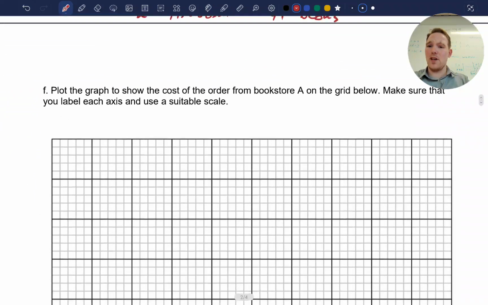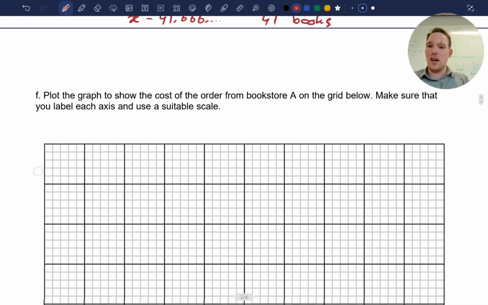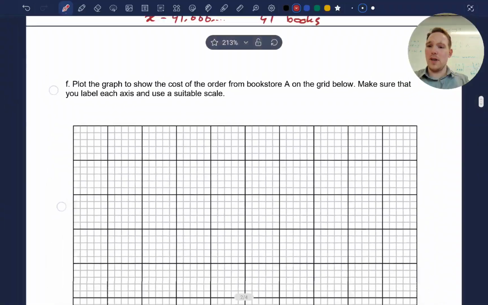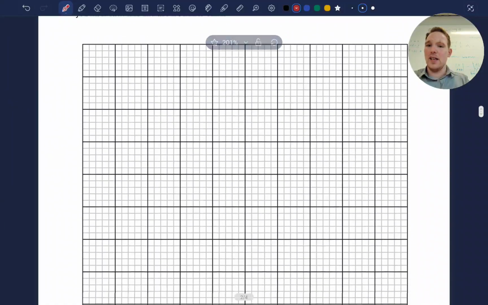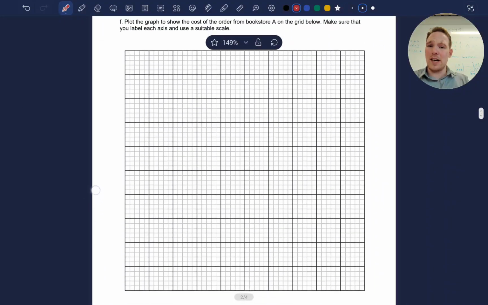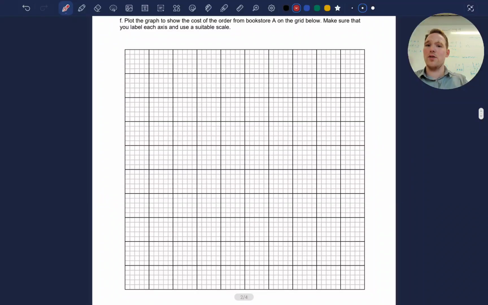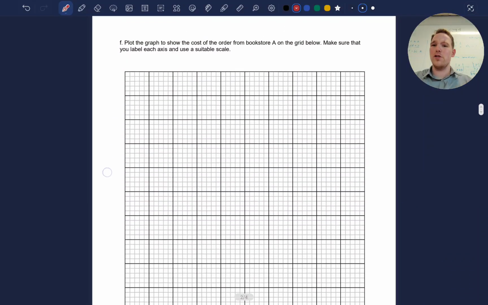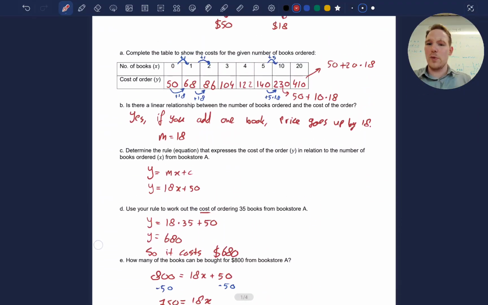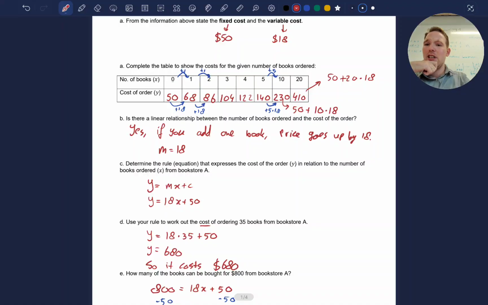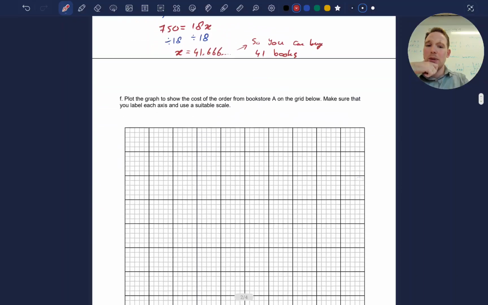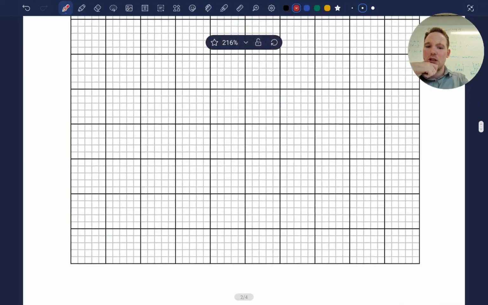Okay, plot the graph to show the cost of the order of the bookstore. Make sure you label your axes. Okay, let's start by labeling our axes. And actually, I'm going to look back to the table from before to see what type of numbers we are dealing with. For the order of books, I have 0, 1, 2, all the way up to 20. So I'd like to be able to see all the way up to 20 in this graph.